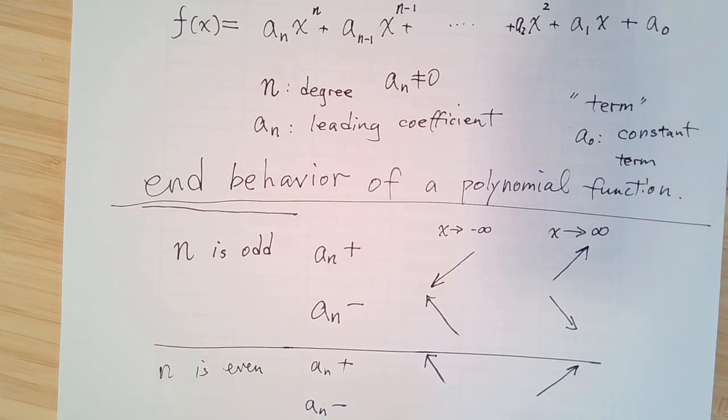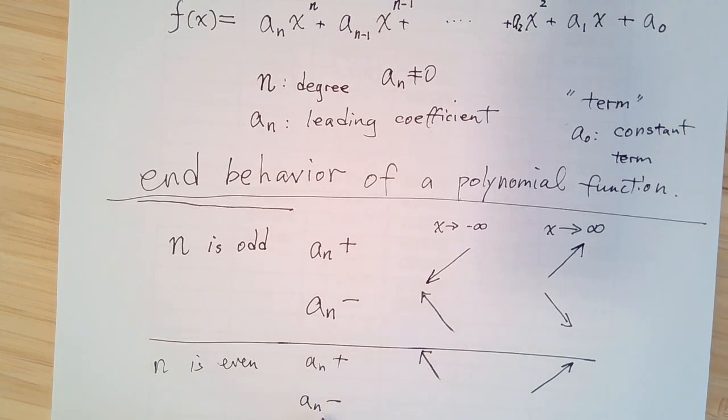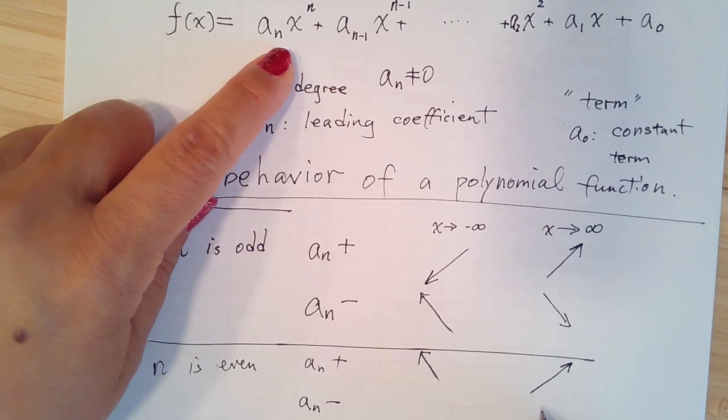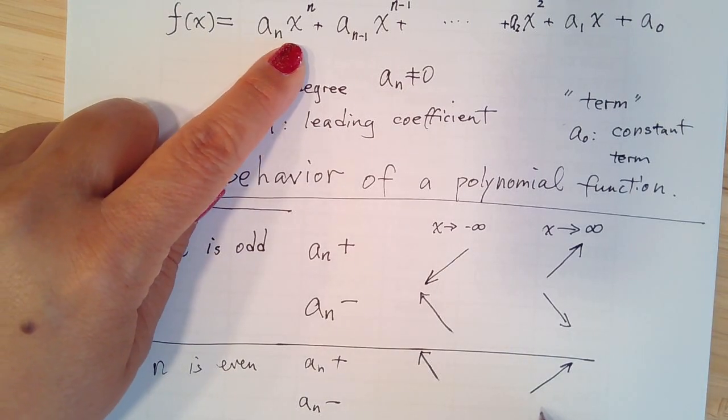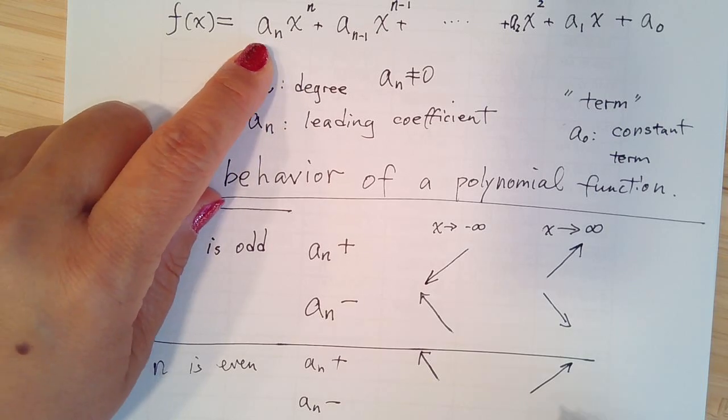It looks like that. And when n is even and an is negative, when x goes to the right, this x to the nth power becomes a huge positive number, and the an is negative, so it drops like that.